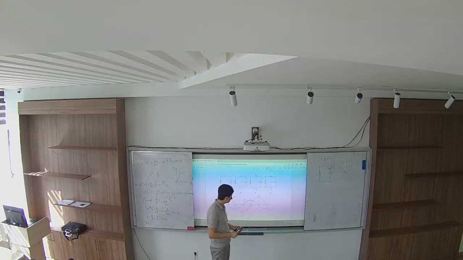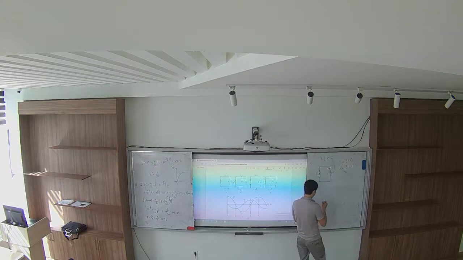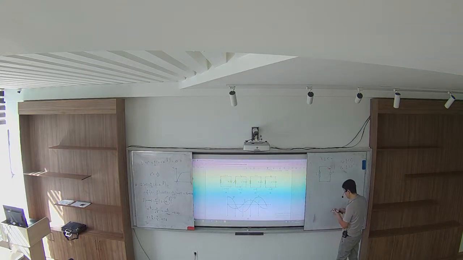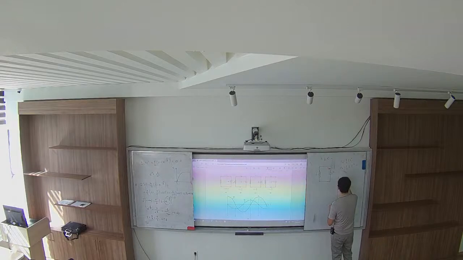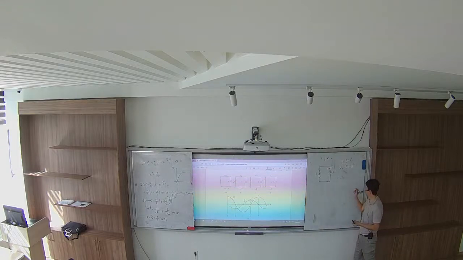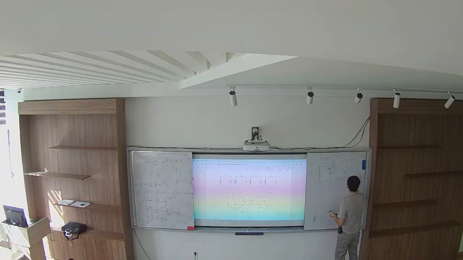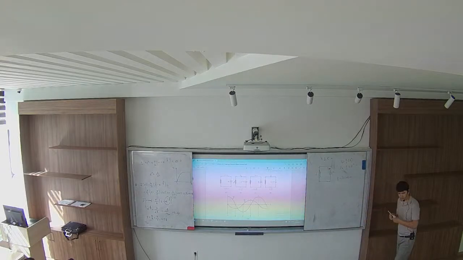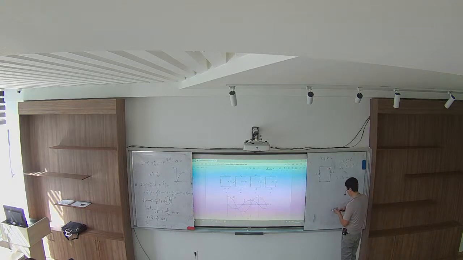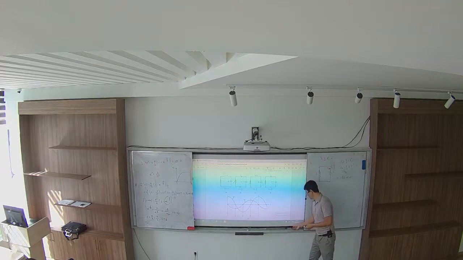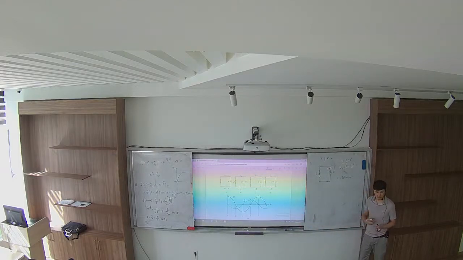If I have charge as a function of time, Q equals the maximum value, capital Q, times cosine omega t, right? So why am I using cosine, not sine? What do you think?